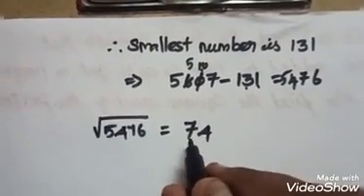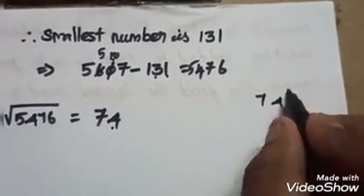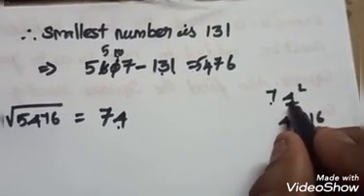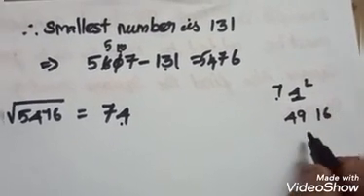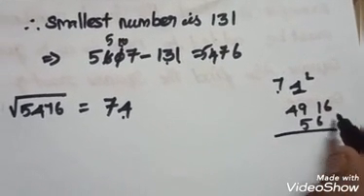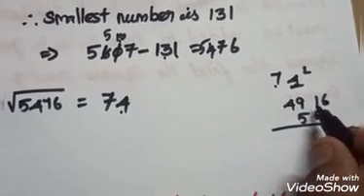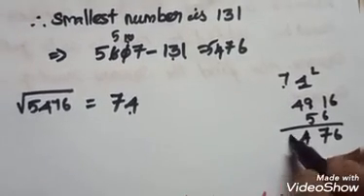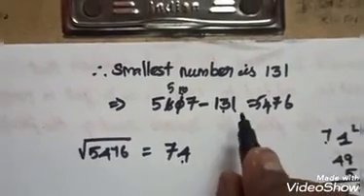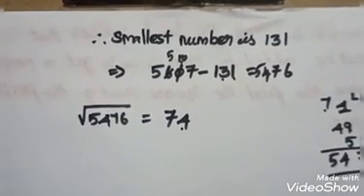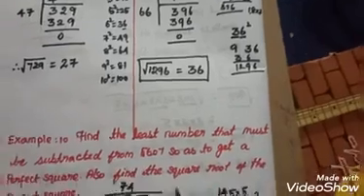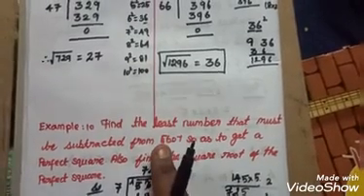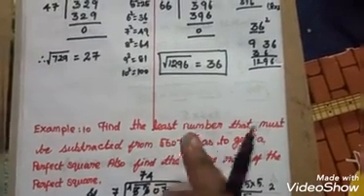Okay, you can check it. 74: 4 square is 16. 7 square is 49. 7 4s are 28, 28 into 2 you get 56. Now you take 6, 7, 9 plus 5, 14, so 5476. Okay, you got the value. So 74 is the square root. Again, let me recall: we need to find the smallest number to subtract from 5607 to make a perfect square.